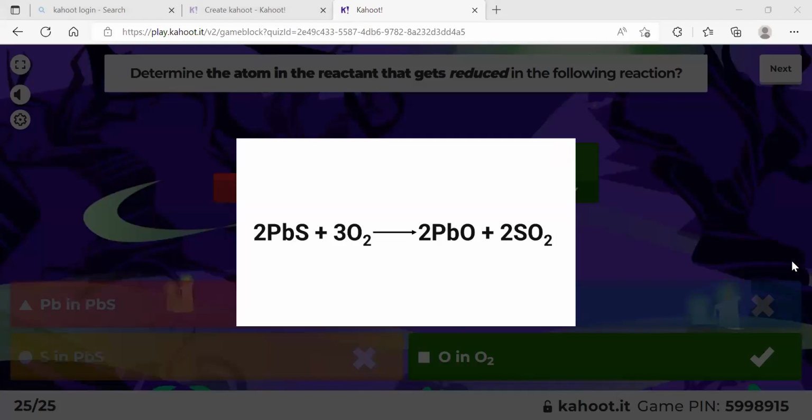Okay, let me just write the chemical reaction. 2 PbS plus 3 O2 gives 2 PbO plus 2 SO2. Excellent. Share screen, icon, share.